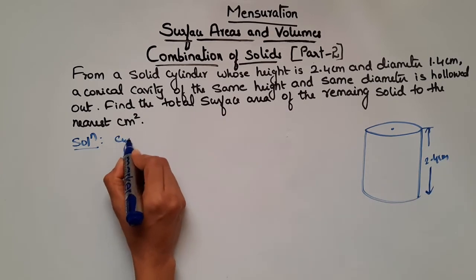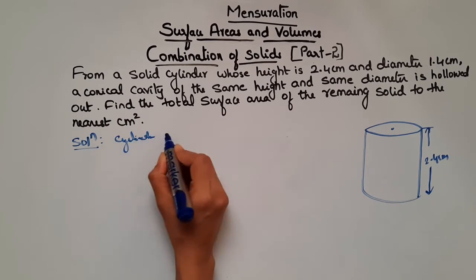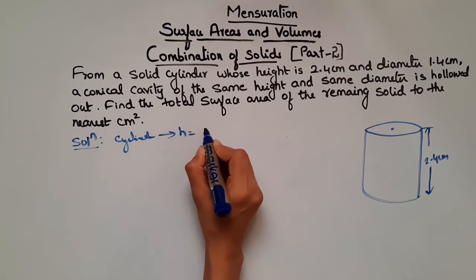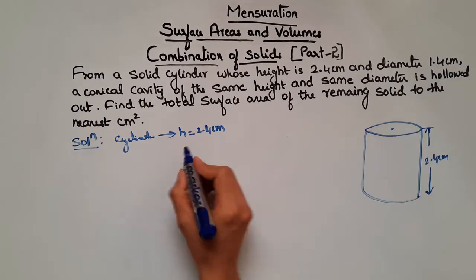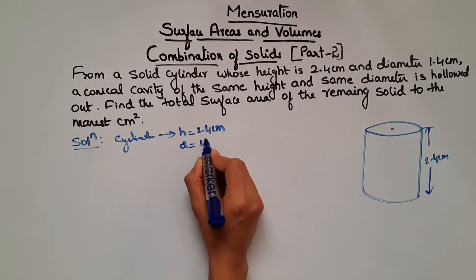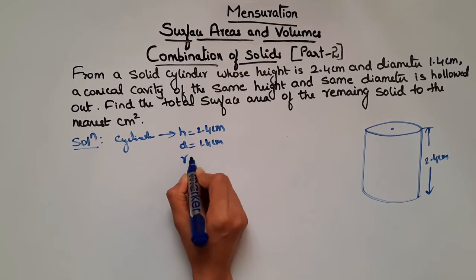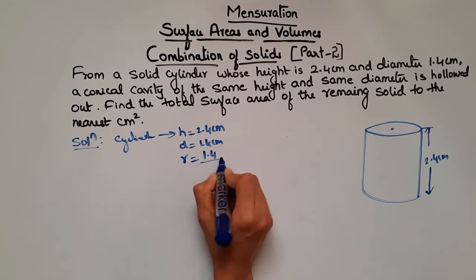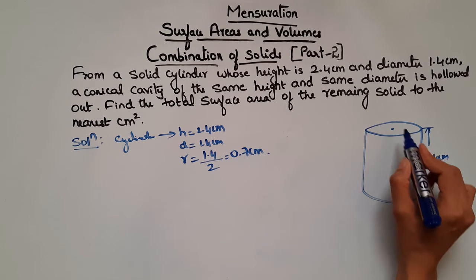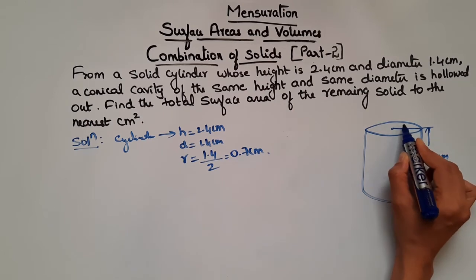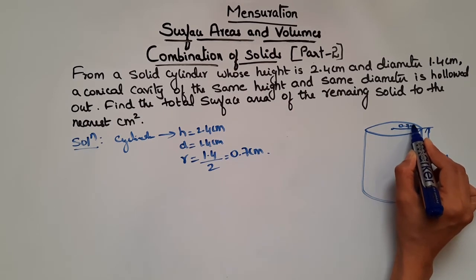So let's write the dimensions here. So cylinder height is 2.4 centimeter and the diameter is 1.4 centimeter, which means radius is equal to 1.4 by 2, which is equal to 0.7 centimeter. That is this, 0.7 centimeter.